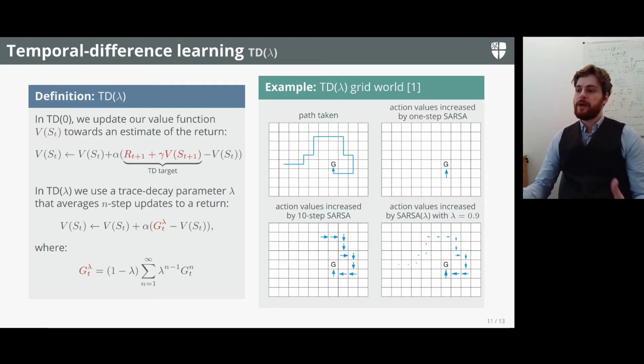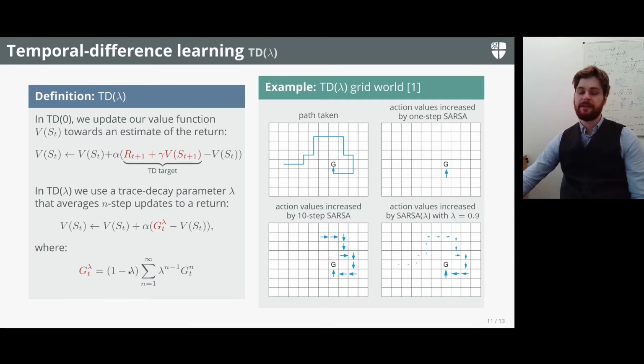And the amount we weight between those is controllable by what's called the trace decay parameter, or lambda. And lambda is just in some interval 0 to 1. The first part of the equation, with lambda minus 1 here, is just some normalizing factor that ensures that all the weights sum to 1.